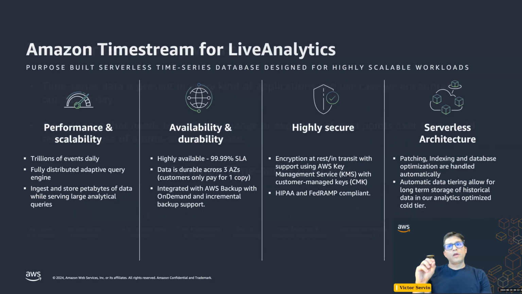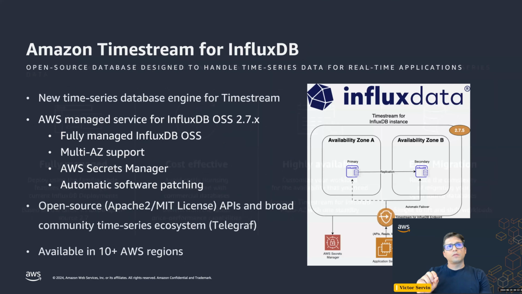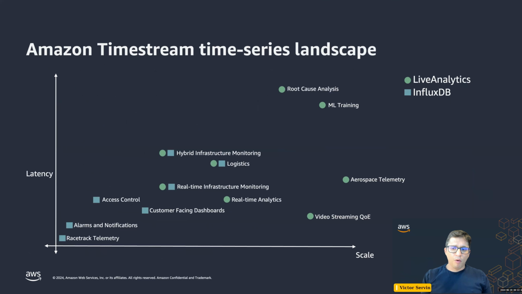So if we think about core features, both are pretty much the same. Both have real-time processing capabilities. In InfluxDB, you can create what are called tasks, which will be executed every X amount of time, and the result will be stored in another InfluxDB data store called a bucket.